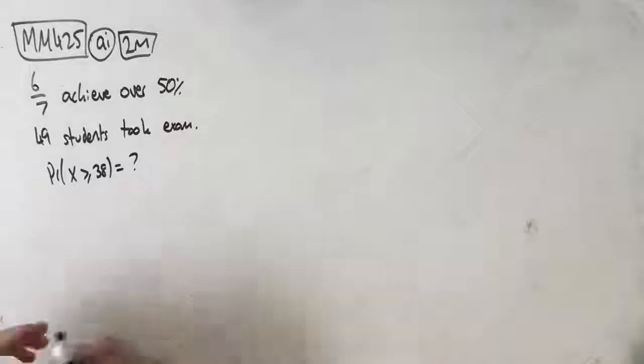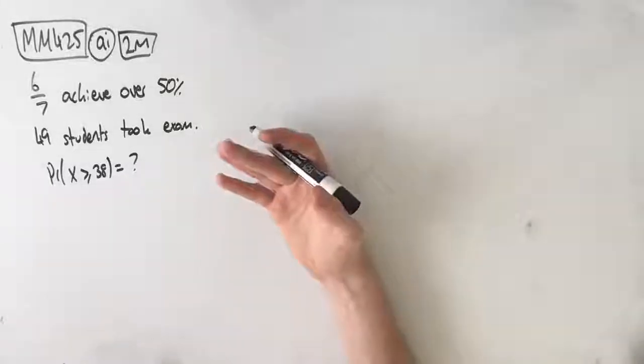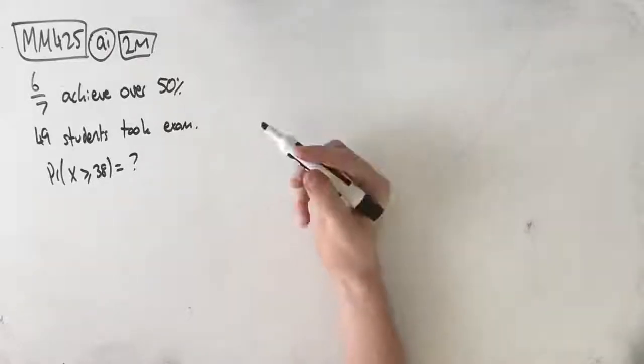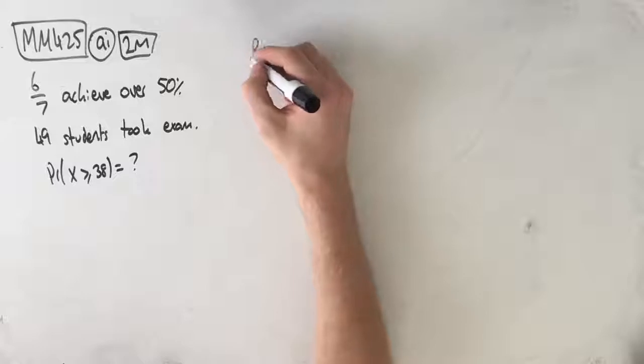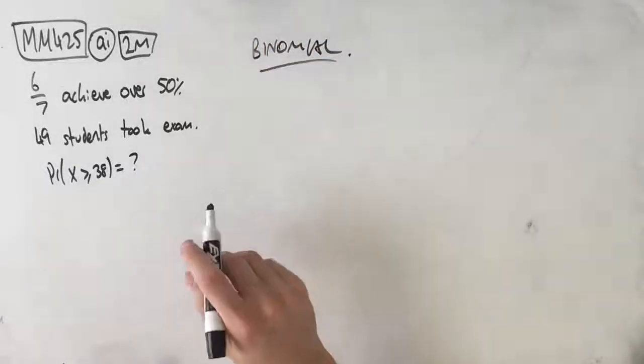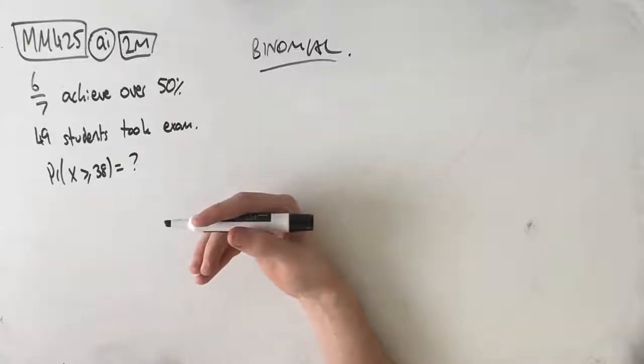Alright, awesome. So first thing to recognize is the type of probability that we're going to be dealing with here. Now, the key indicators of our probability, which by the way is binomial, are the fact that each student has the same probability to score higher than 50%.